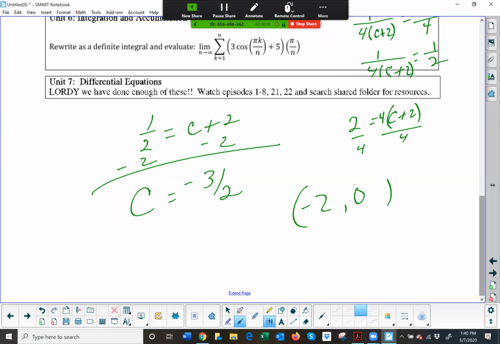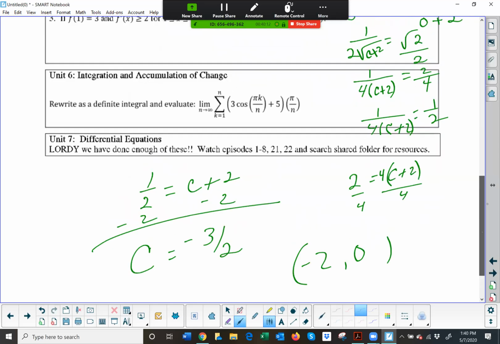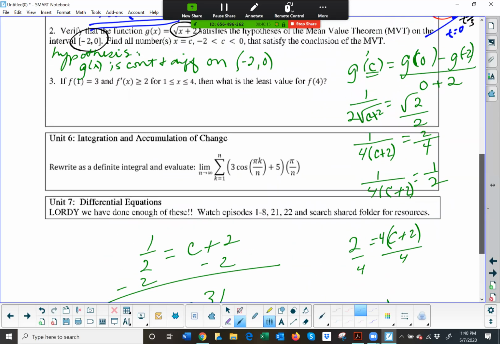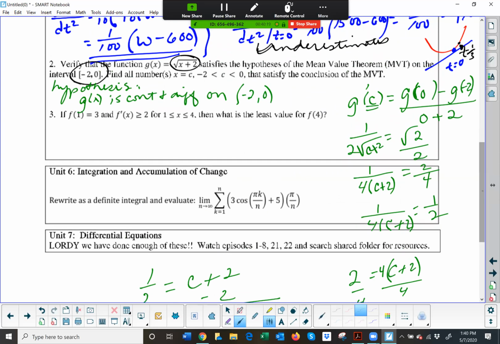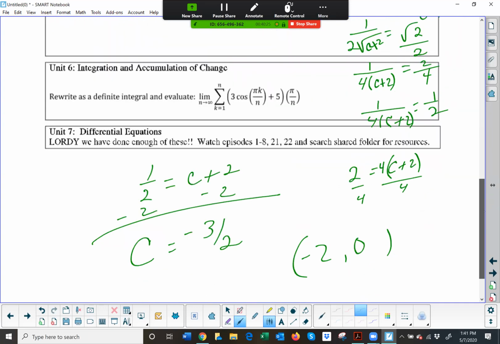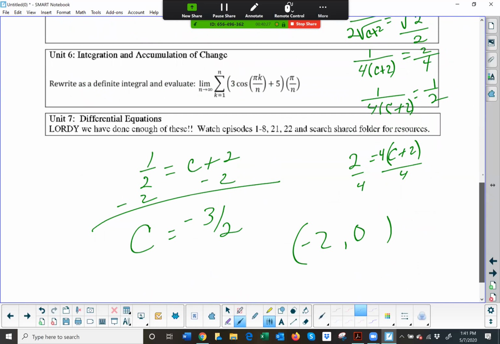Yeah, it is. So that's awesome. Do we have to do anything to close this problem out, or was that it? Find all the numbers for c that satisfy the mean value. Yeah, we were able to come in with that. Looks good.